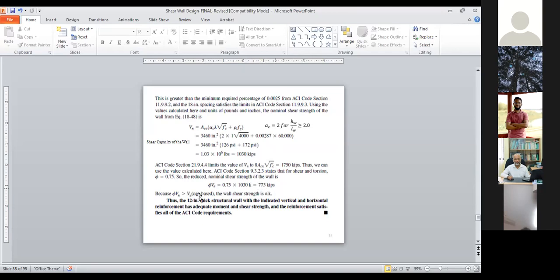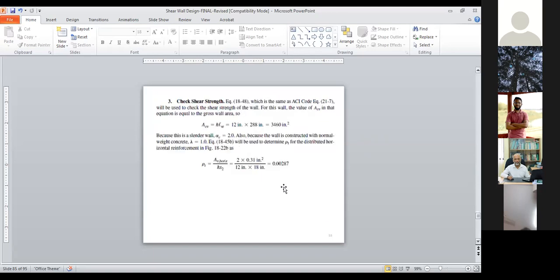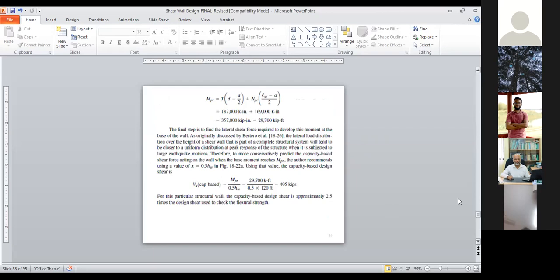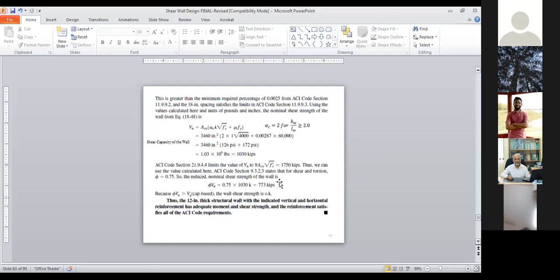And of course this is higher than the capacity based shear force that you have here. You have only, I think, 495 kips. So that is also higher than your capacity of the section. So your section will not fail by the shear force before the bending failure of the section.